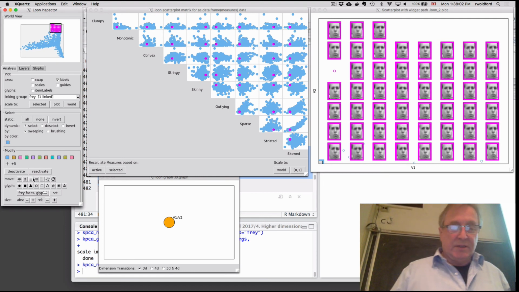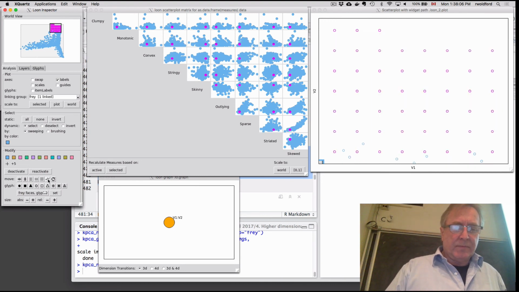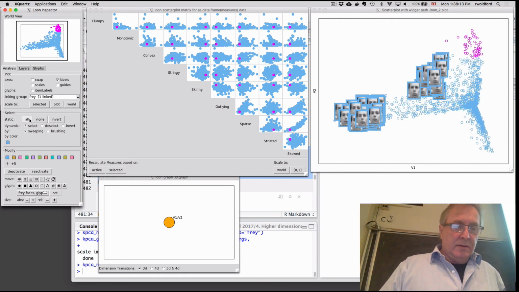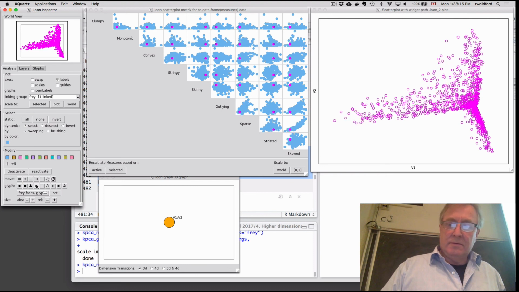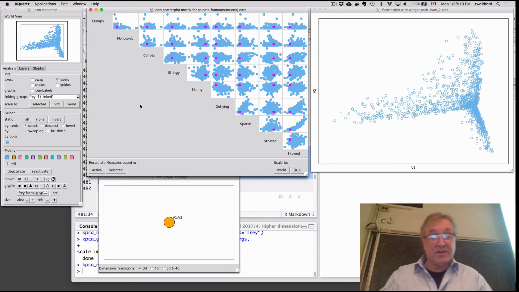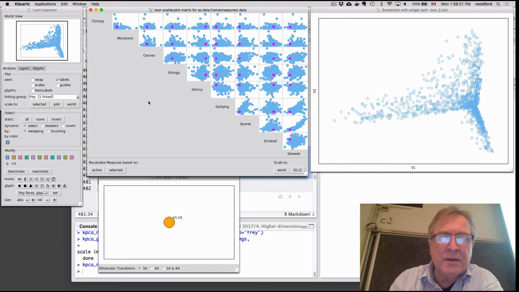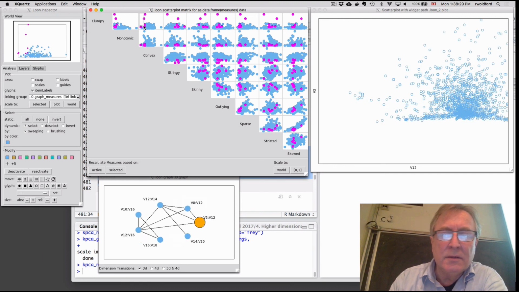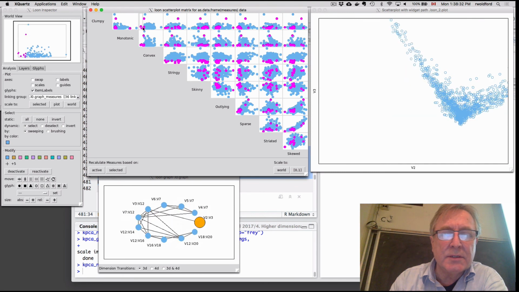So in each of those things, at least in the first two principal components. Send them back. And to the world. All. So we could use the scagnostics again to see what might be interesting. And perhaps it's clumpy, non-convex things that might be interesting.